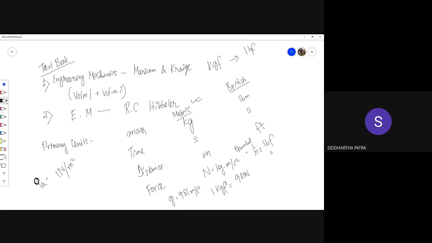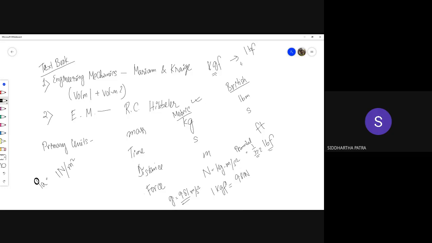All I'm asking is the relation between pound force and kg force, the forces with which gravity pulls a certain unit mass.